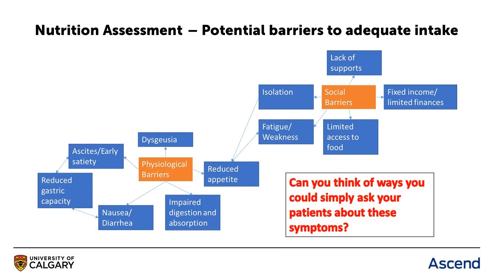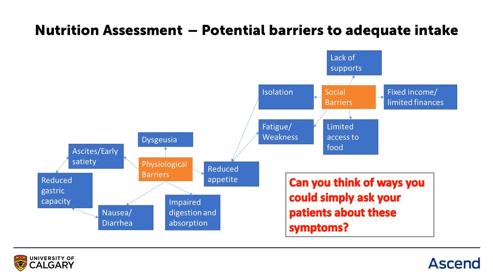The ascites and early satiety, patients not tasting food the way they used to, reduced gastric capacity, sometimes they feel nauseous, occasionally even throwing up. Some patients throw up on an empty stomach, others throw up postprandially, and then impaired digestion and absorption as we went through. And then there's social barriers, which, like I said, are sometimes greater than the physiological barriers.